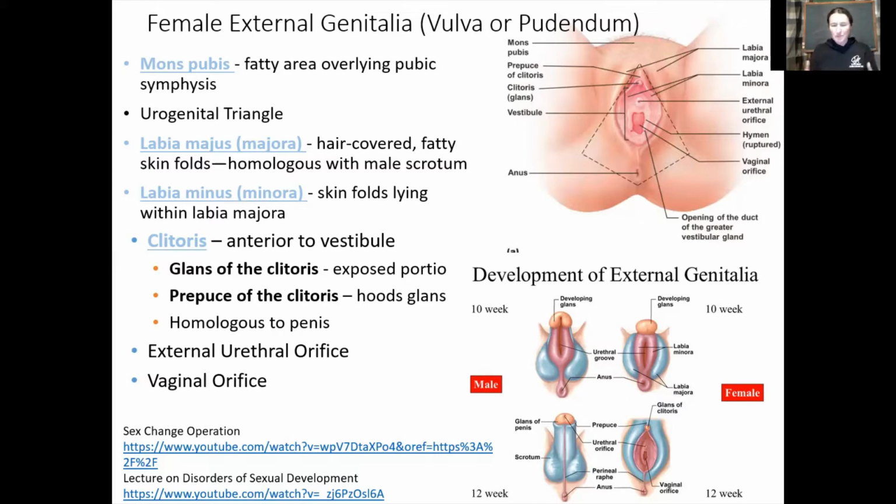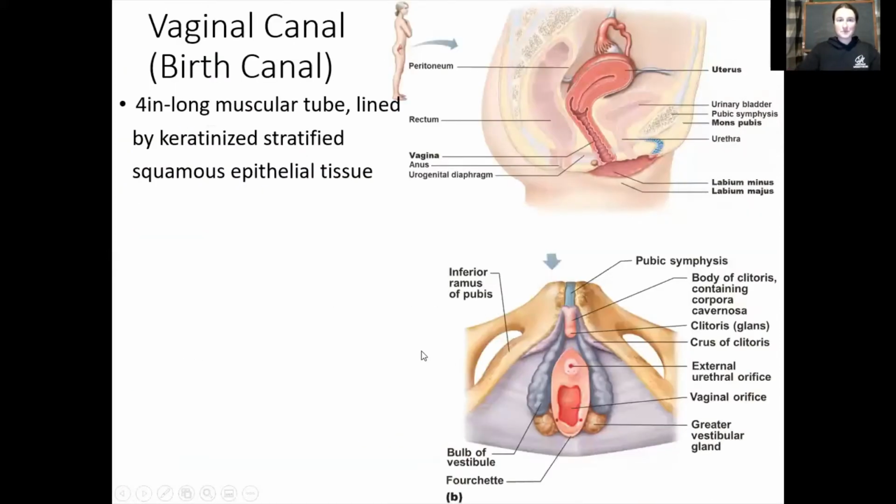They literally use the same homologous structures to just rewind the clock a little bit. So again, those videos are certainly not required of you, but just something a little bit interesting as a supplement. Okay, so those are the external structures.